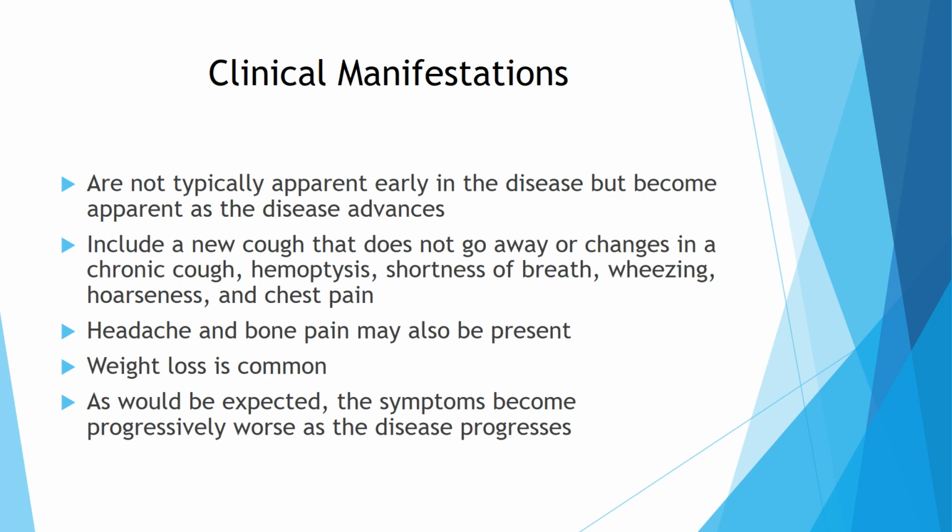They develop wheezing, hoarseness, and we talked about this with laryngeal cancer, that hoarseness that will last for 2 weeks or more with no significant cause, and chest pain. Headache and bone pain may also be present. Weight loss is very common, and as would be expected, the symptoms become progressively worse as the disease progresses.